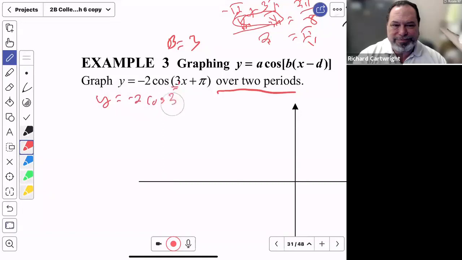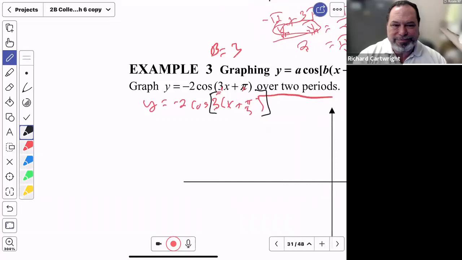Pull out the 3. When you pull out the 3, 3x divided by 3 is x, plus pi divided by 3 is pi over 3. You have to rewrite it. Now, if you want to put another parenthesis in, feel free. It's okay. The book does that.